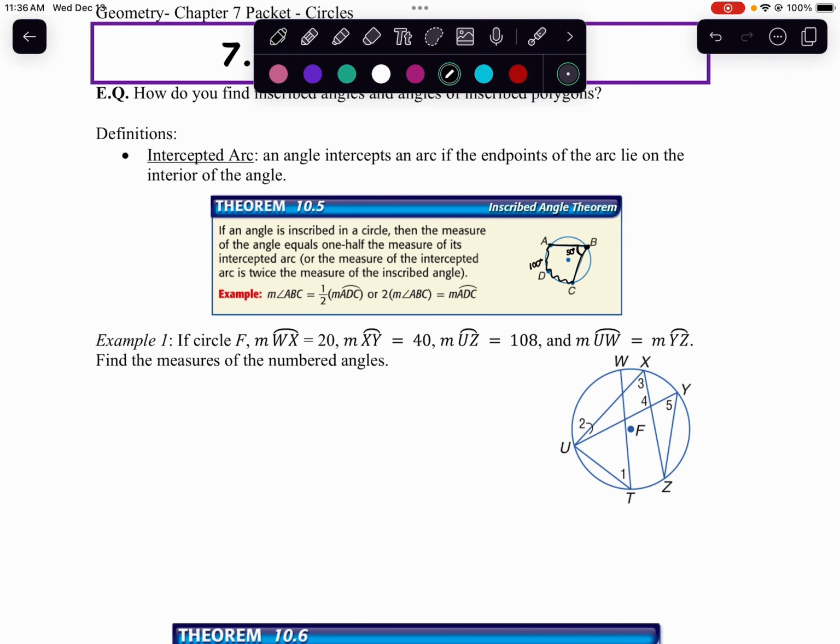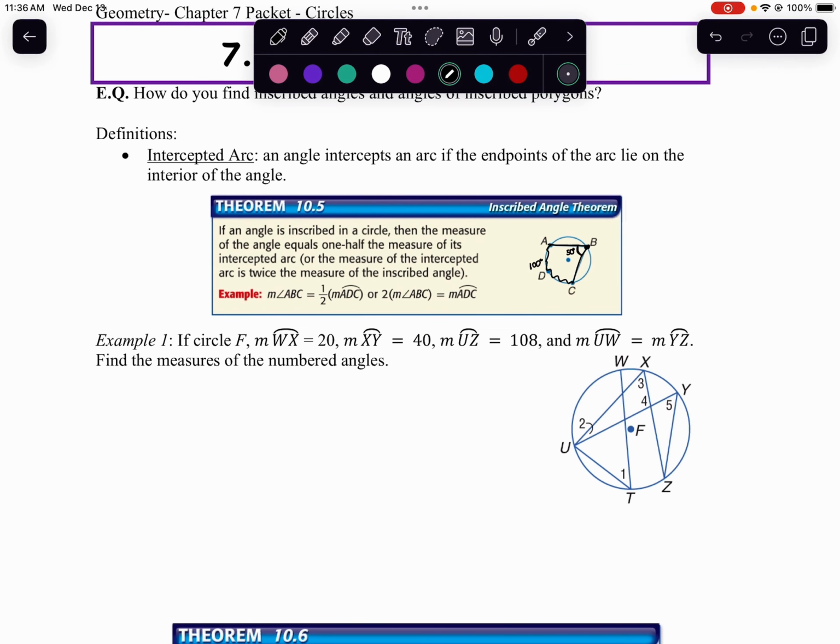U to Z is 108. W to U is equal to Y to Z. It says find the measures of all the numbered angles.